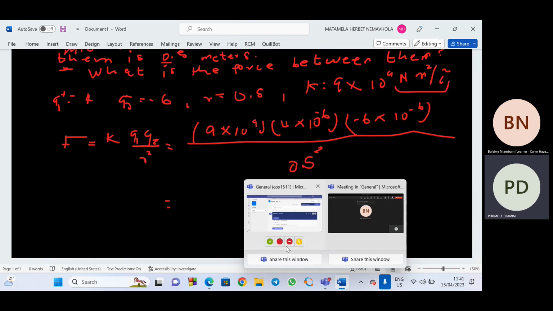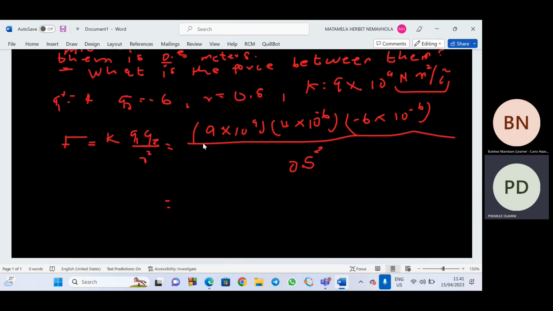For example, first, in terms of brackets, use only the one on top here, without dividing. Then you say equal sign, and it is going to give you the answer. Then you press divide, then you say 0.5 squared.